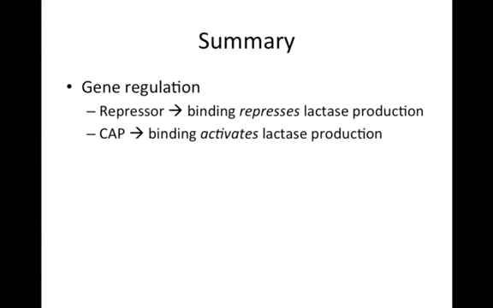And so one thing to point out here is we saw two kinds of regulatory relationships: the repressor represses lactase transcription and production, and CAP, where binding activates lactase production.